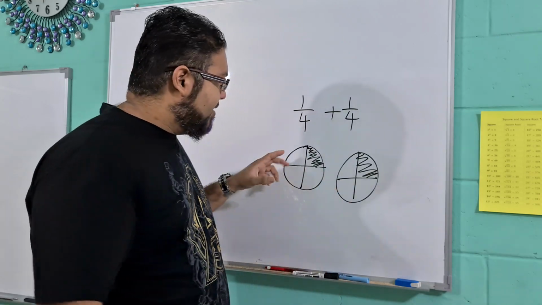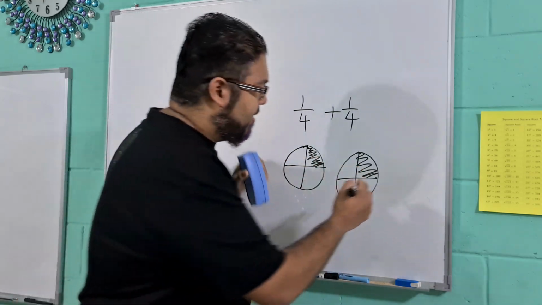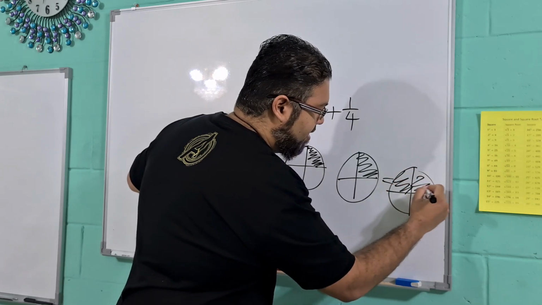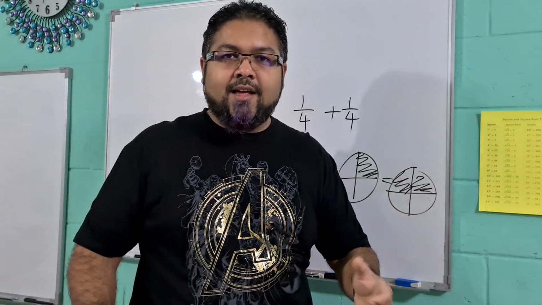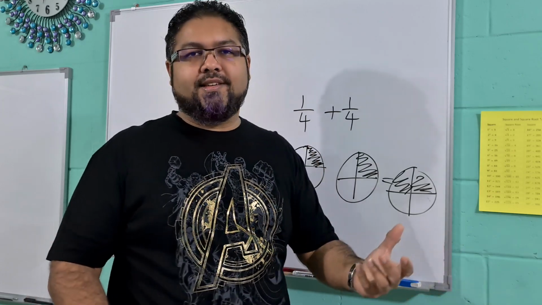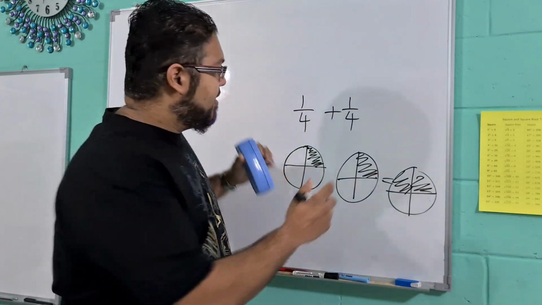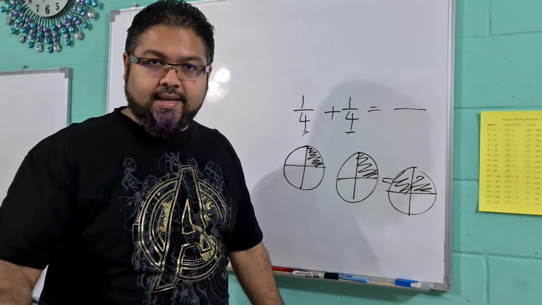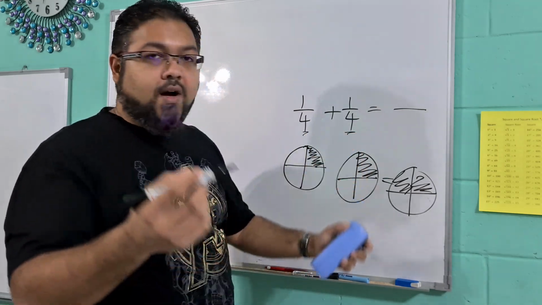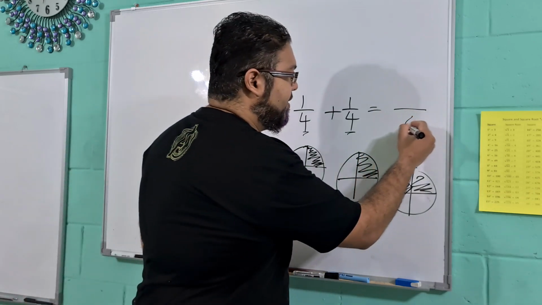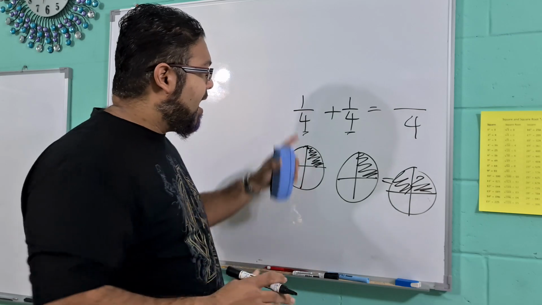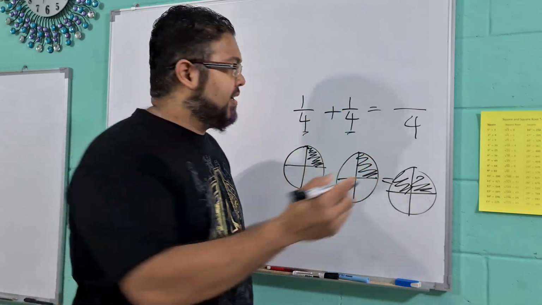If we add this quarter and this quarter, we essentially get a half of the pizza. All we do is keep the denominator, the bottom number, the same, because this is how much it is out of. So it will be 4, and all we have to do is simply add 1 plus 1, which gives us 2.